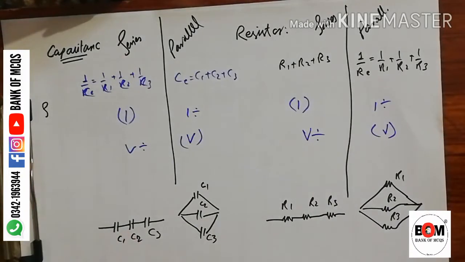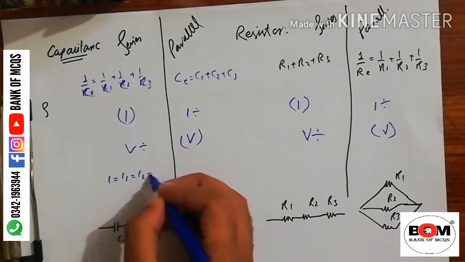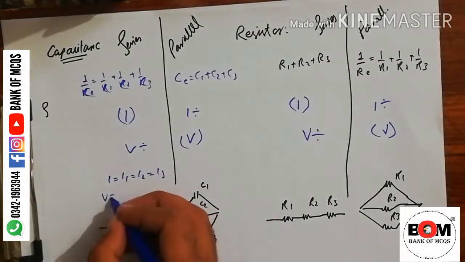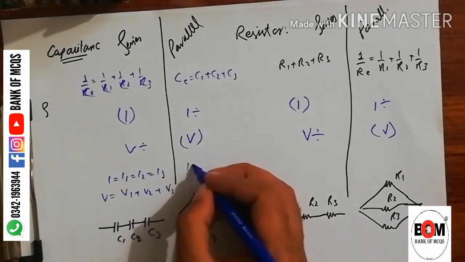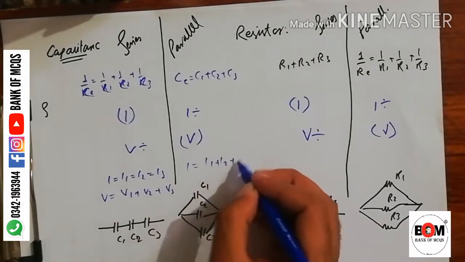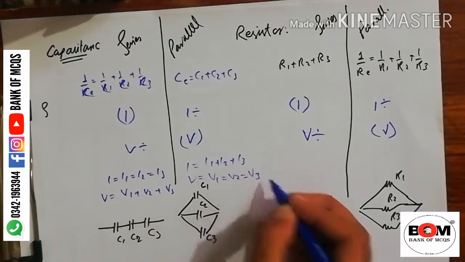Like in this case, I is equal to I1 is equal to I2 is equal to I3, while V will be equal to V1 plus V2 plus V3. In parallel, the current divides, so I is equal to I1 plus I2 plus I3, while V is equal to V1 is equal to V2 is equal to V3.